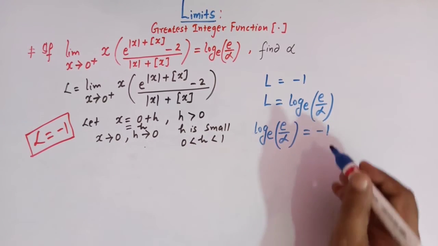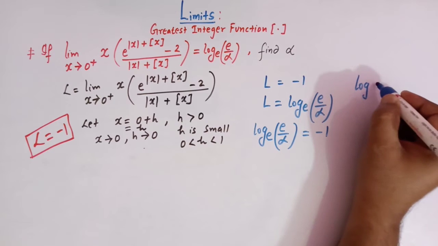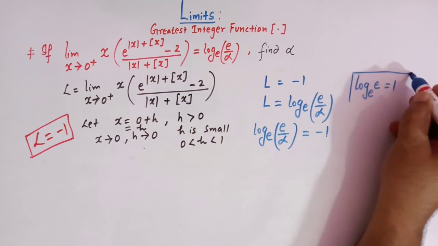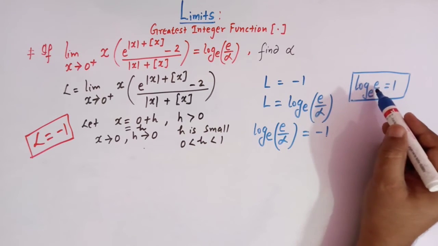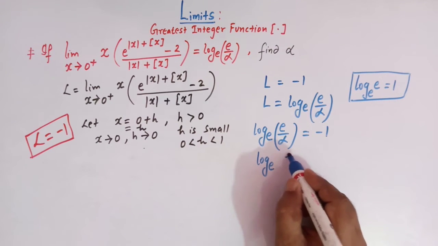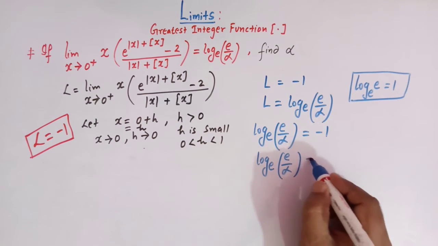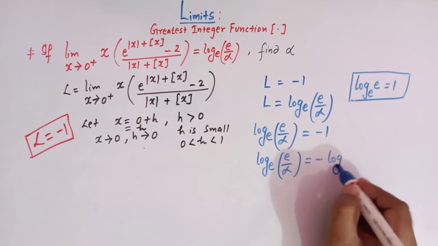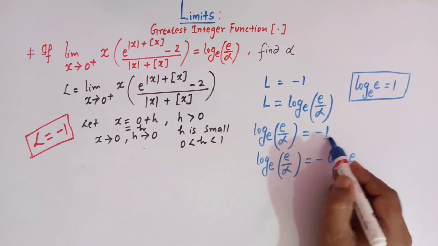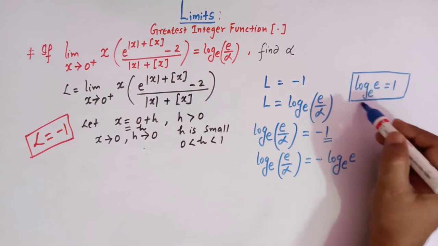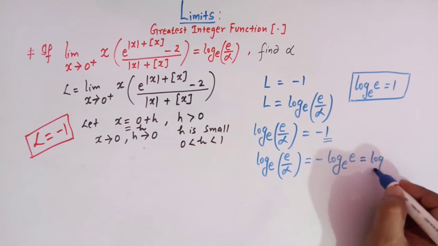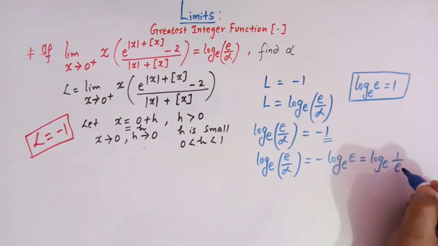Now we know that log of e to the base e is equal to 1, and we'll make use of this relation here. So we can write log of e over alpha is equal to minus log of e to the base e, where for 1 we have written this expression. Now this can be written as log of 1 over e.